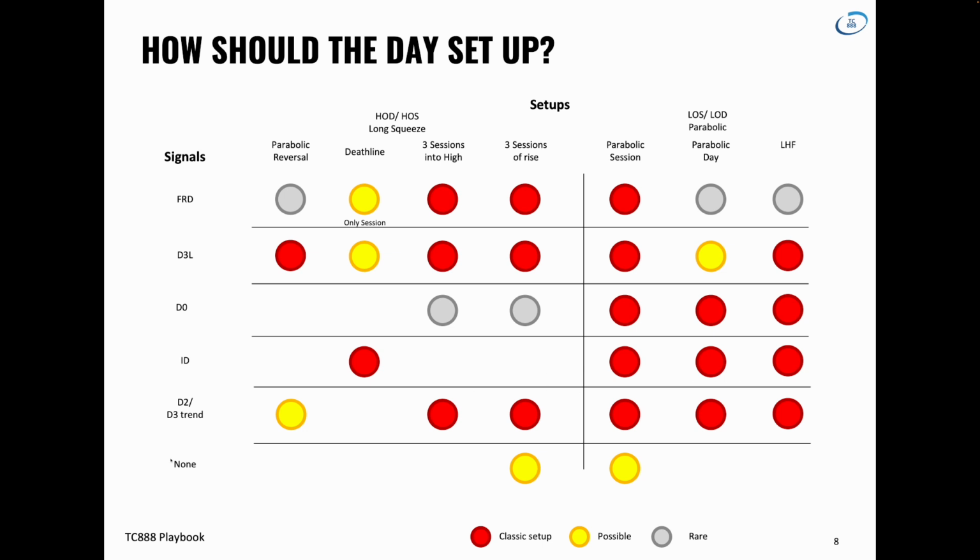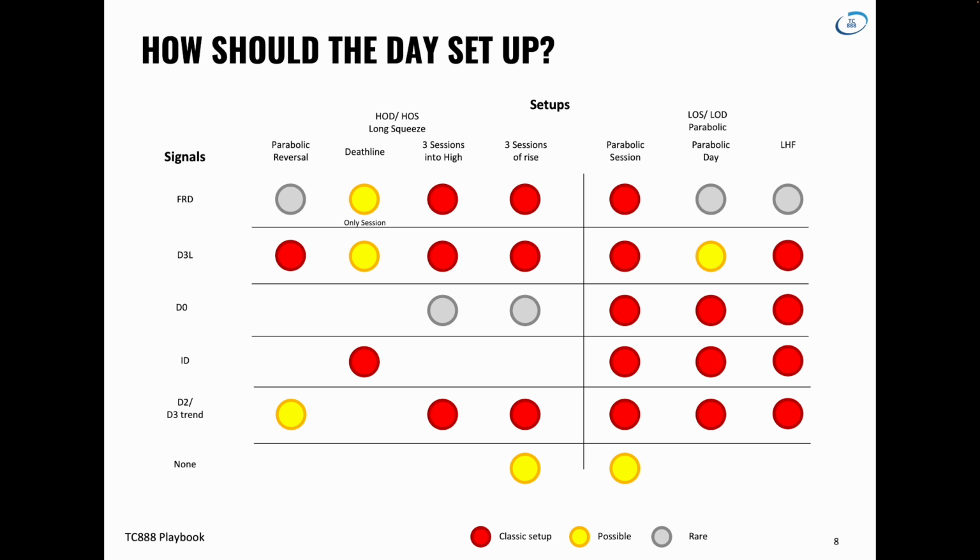And then, interestingly, also important, there are some setups that don't need any signal. So, for example, 3 sessions of rise in the day, or a parabolic session setup, once it's nicely formed, you can trade it intraday or even intra-session without any higher time frame confluence.